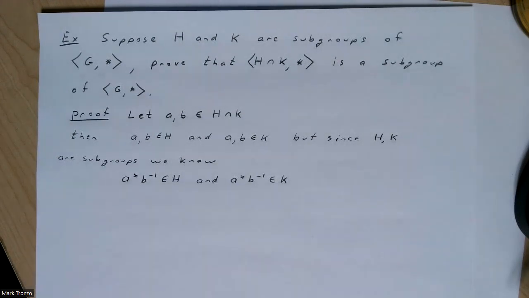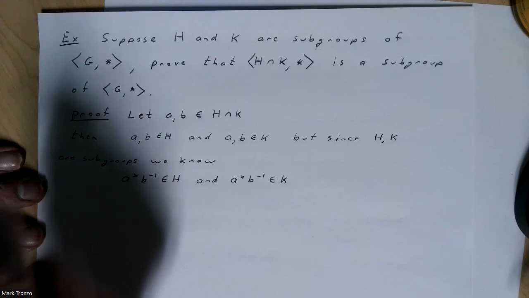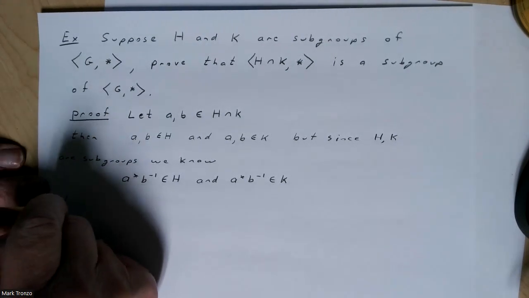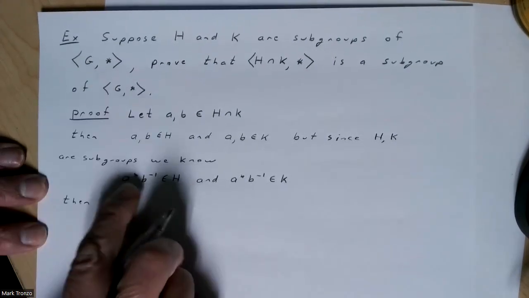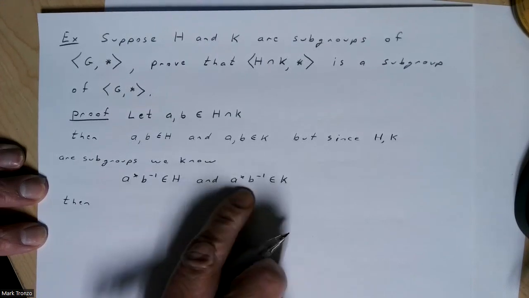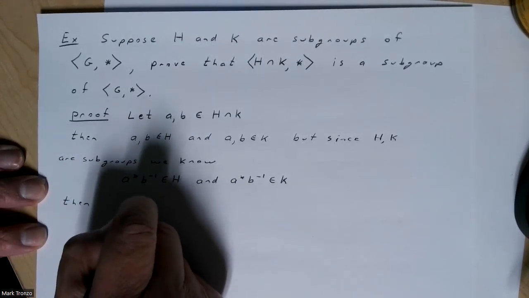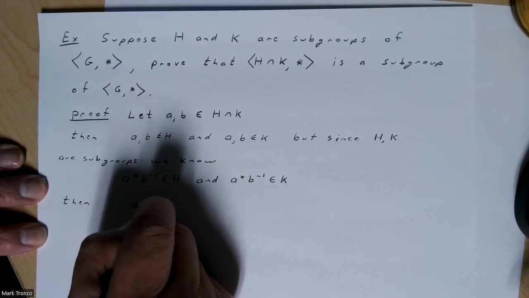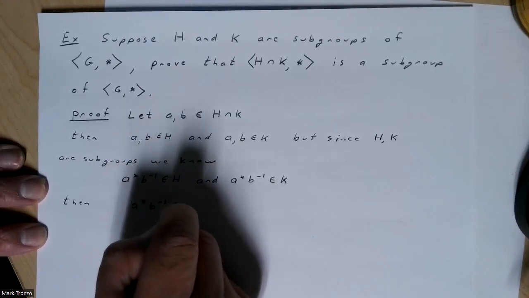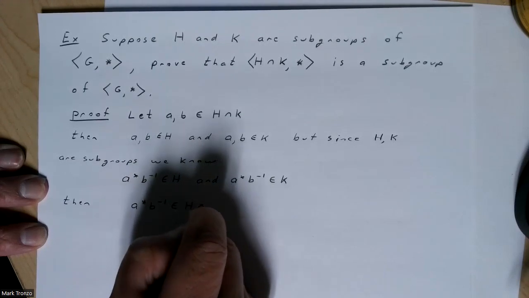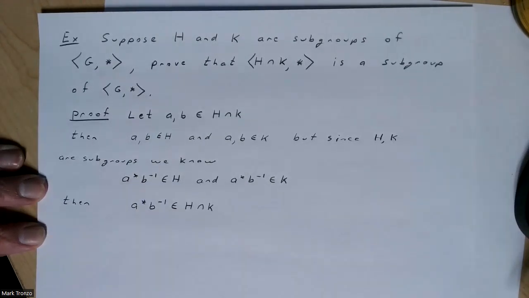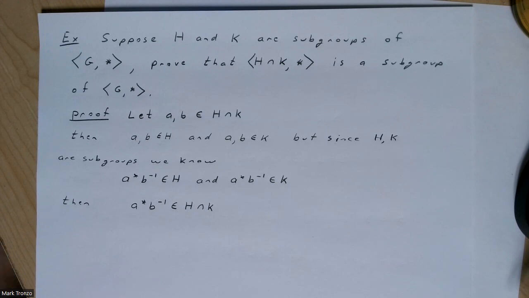And now what does this mean? Since this is in H and this is in K, that's in the intersection H intersection K. And now see what we've done.